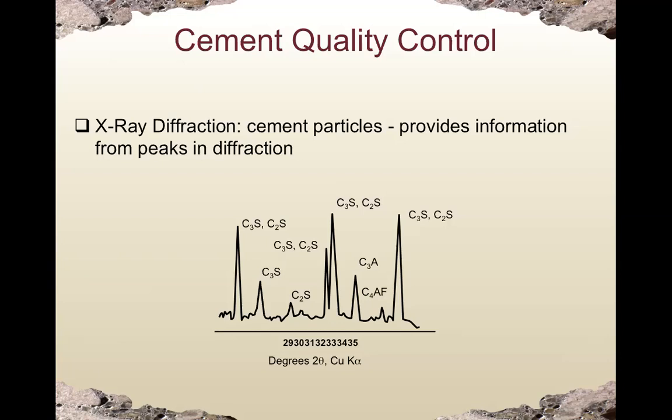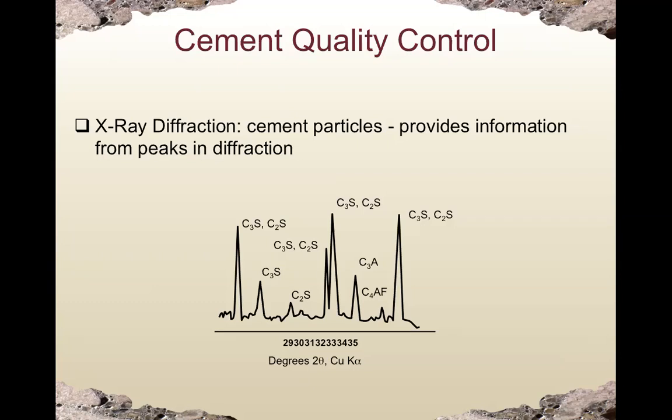But here in this class, we only need to know we can use XRD to tell what types of crystals are in a sample, and also roughly the percentage for each type of crystal, such as C2S and C3S.